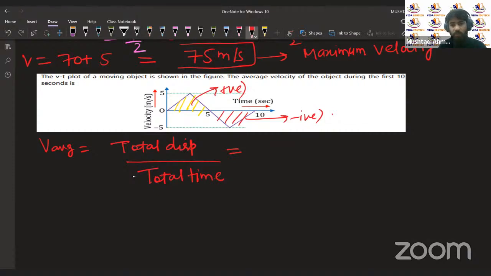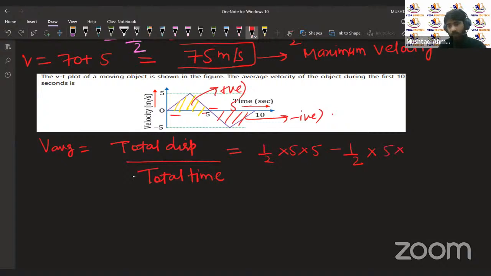So the total displacement here will be, this is a triangle, so half of base into altitude. Base is given as from here to here, that's 5, and altitude is 5 once again, so half into 5 into 5, and then minus half of base, that's 5, once again from here to here, and height is once again equal to 5.